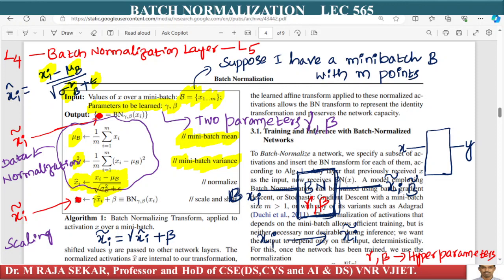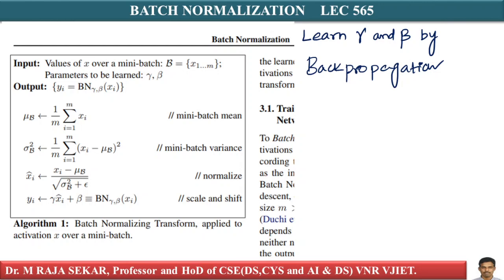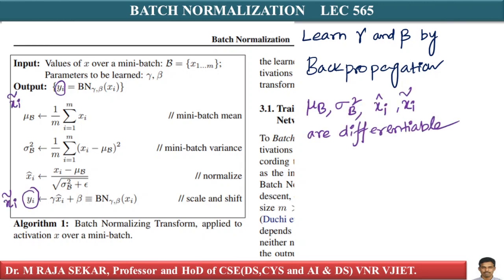Multiplying is known as scaling and adding is known as shifting. What batch normalization says is that I will learn my gamma and beta through back propagation. All these are differentiable: your mu b, sigma b square, xi tilde, which means batch normalization as an operation is differentiable.